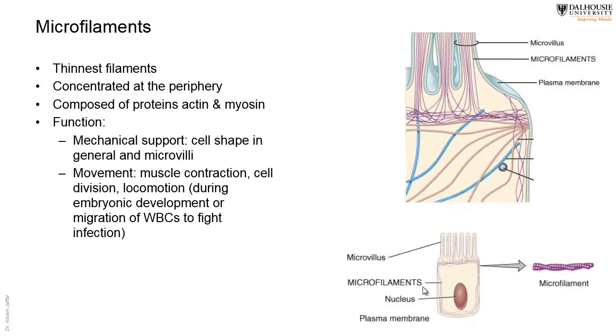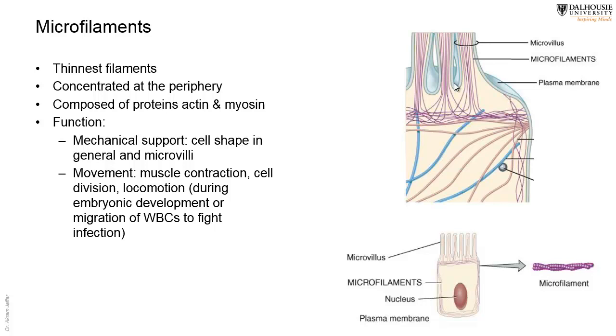The microfilaments, as their name indicates, are small, tiny structures. So they are very thin. They are present at the periphery of the cell, and mainly they are present in what we call the microvilli. So these are microvilli here, and they form the core of the microvillus. Microvilli are a group of finger-like projections from the cell membrane.